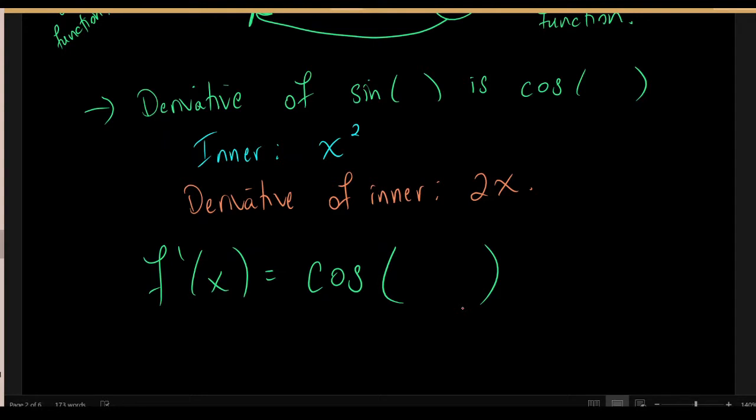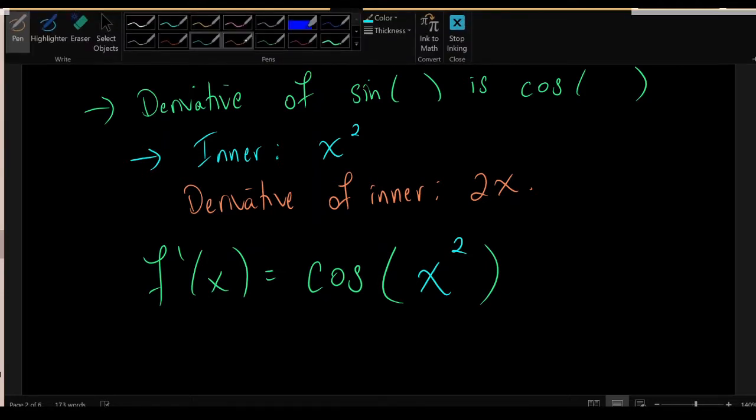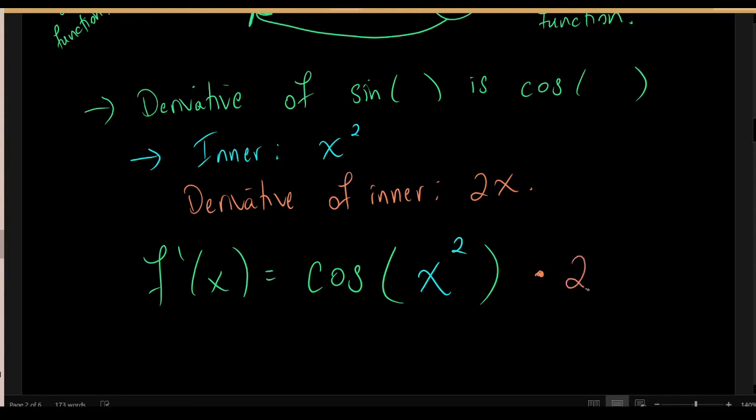Now in the blank, what you're going to put is the inner function, the inner function x squared. Then you're going to multiply by the derivative of the inner function, 2x.